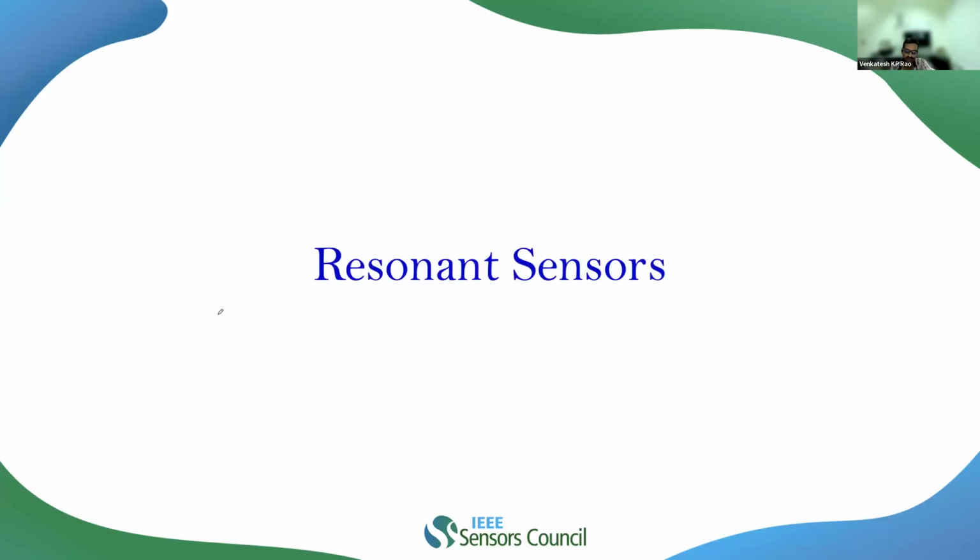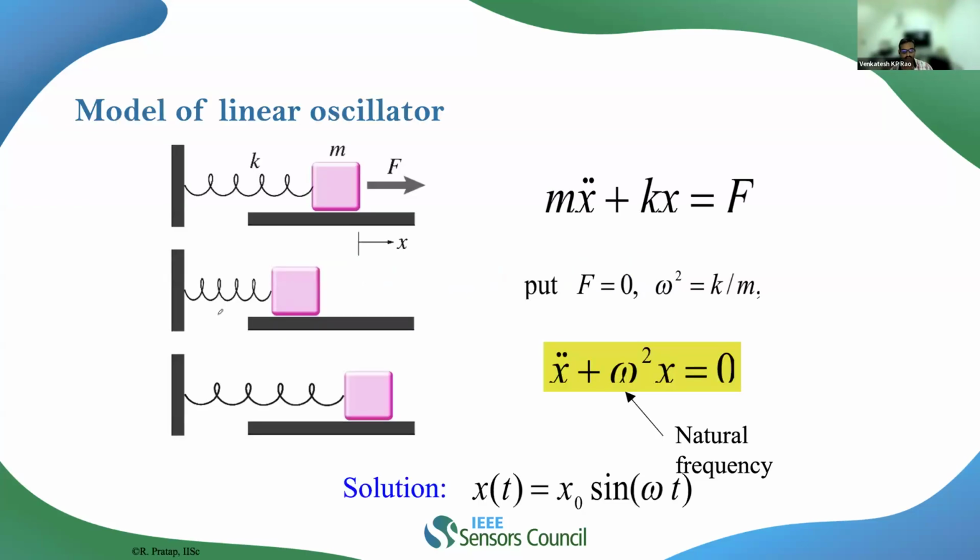And last but not the least, the resonant sensors, right? Whenever you take up any of the resonant systems, you have the simple harmonic oscillator, for which one can do a lumped model like a spring mass system. Let's say I apply a harmonic load F, then the structure will move. Let's say x is the deformation, then one can write the governing differential equation of motion as m x double dot plus k x equals F, right?